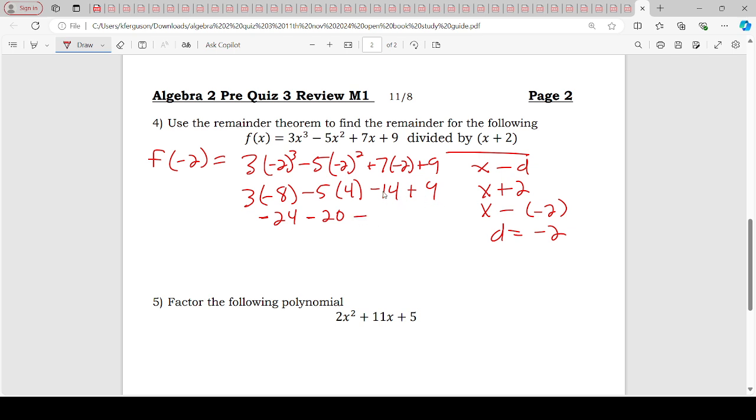Negative 14 plus 9 is negative 5. And then I just add all those numbers together. They're all negative, so I just combine the numbers. So what's that, negative 49? That's my remainder. That's what the remainder theorem does for you. It finds the remainder.